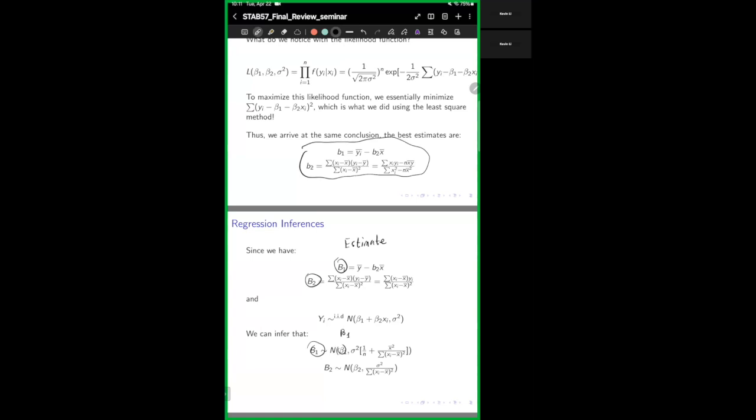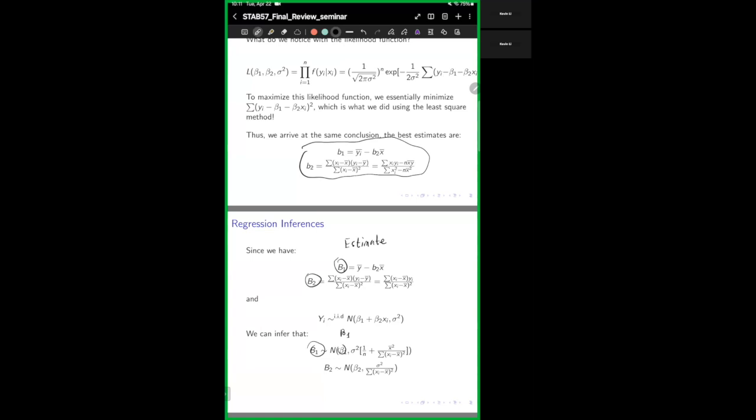And then the variance is sigma squared times (1 over n plus x bar squared over the sum of (xi minus x bar) squared).